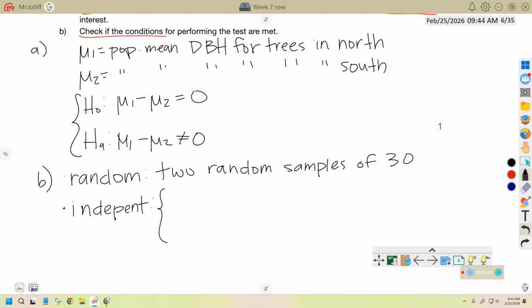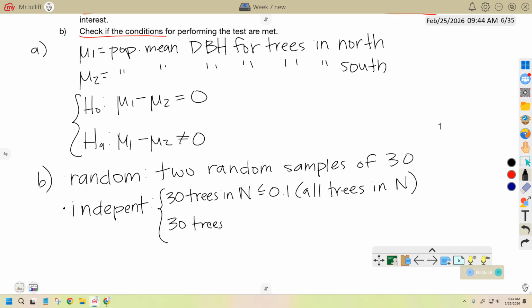So 30 trees in the north is less than or equal to 10% of all trees in the north. And 30 trees, I'm getting tired of writing, in the south is less than 10% of all trees in the south.